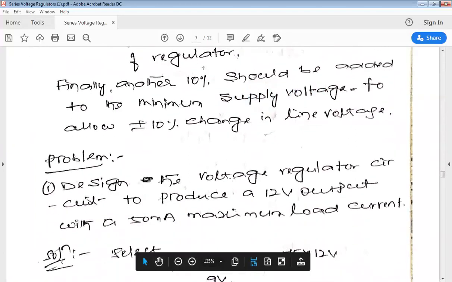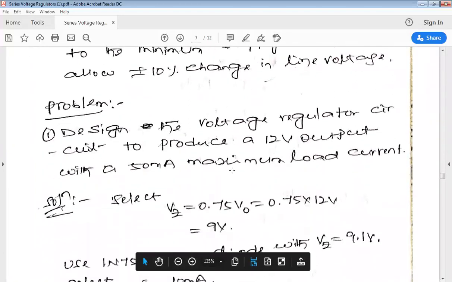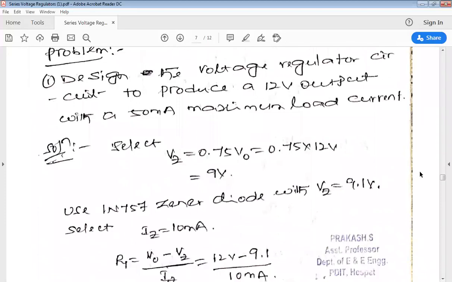One problem we will consider on this voltage regulator circuit. Design the voltage regulator circuit to produce 12 volts output, with a 50 milliamperes maximum load current.